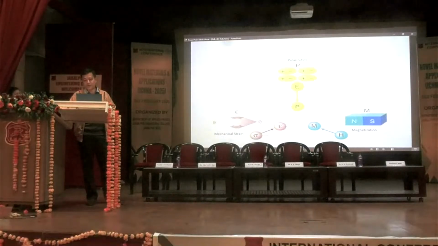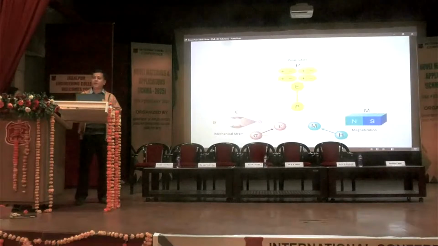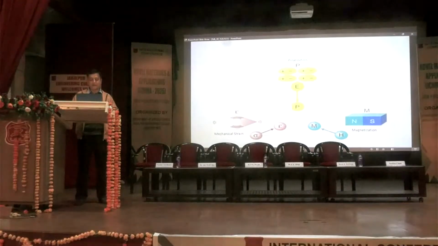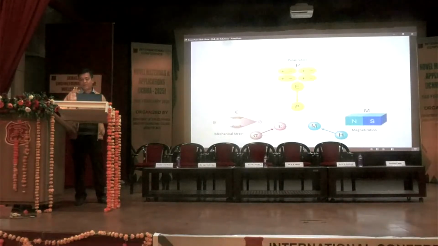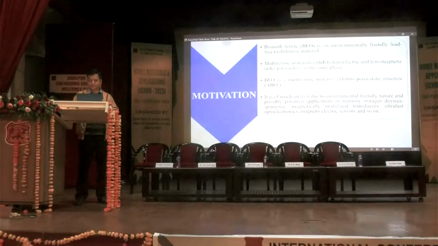On the application of an electric field, polarization develops. On the application of a magnetic field, magnetization develops. And on the left hand side, mechanical strain and stress relation, that is ferroelasticity. So this whole picture gives the concept of the multiferroic phenomena of the material.